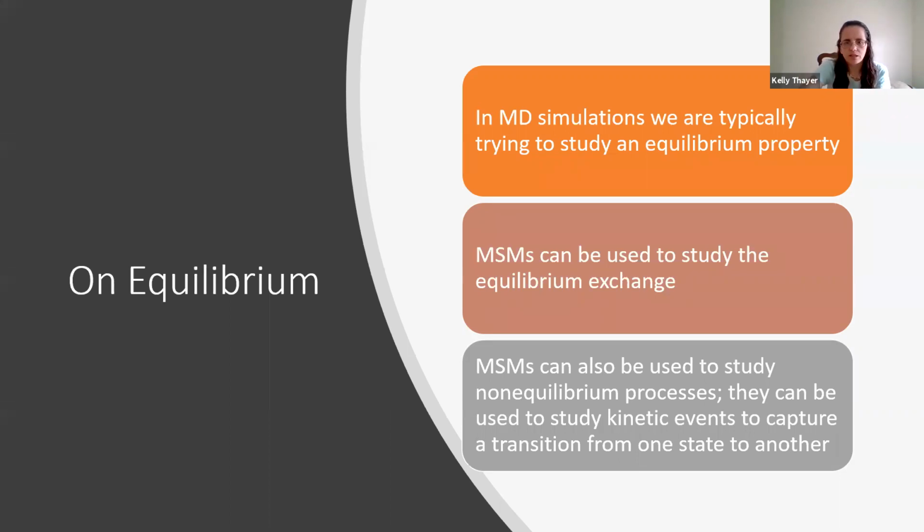However, it's not necessary to do that in equilibrium. We can choose either way to use Markov state models. They can also be used to study non-equilibrium processes, and they can be used to study kinetic events to capture a transition from one state to another.